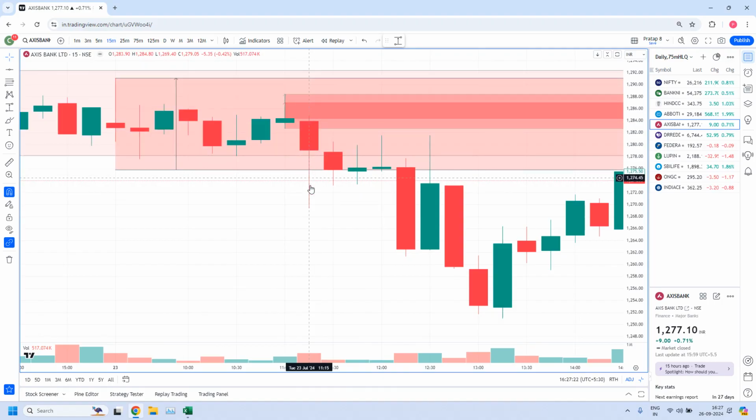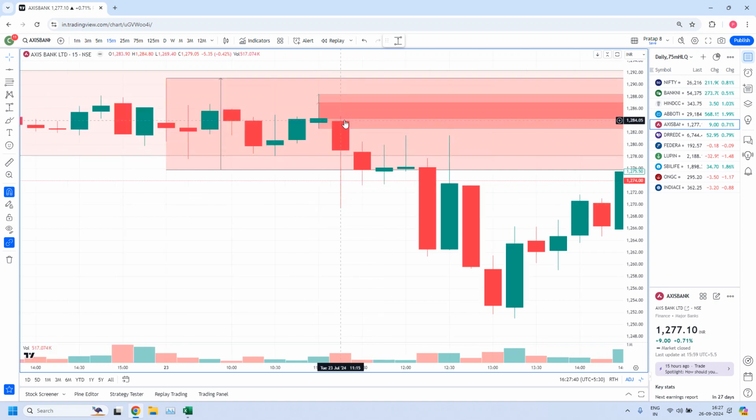It looks like a failed ERC candle, but you have at least 30 to 40% body there for ERC. You can consider it as ERC, not a failed ERC. And moreover, the body is completely moving out of the zone. That is the most important characteristic.